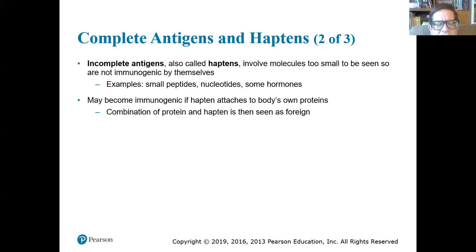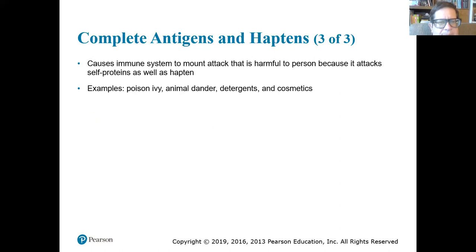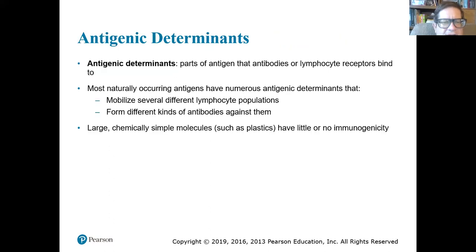This could be some hormones, some peptides, nucleotides. But if the hapten attaches to the body's own proteins, the combination could be seen as foreign and not belonging. This could cause the immune system to attack self proteins as well as haptens. Examples would be poison ivy, animal dander, some detergents, some cosmetics.